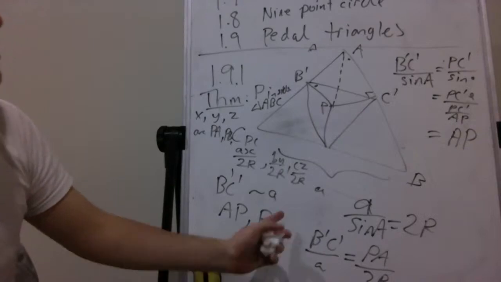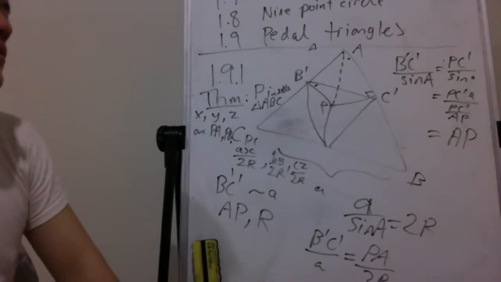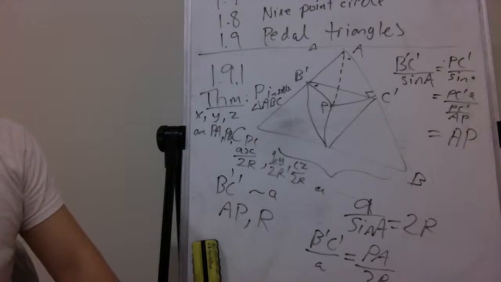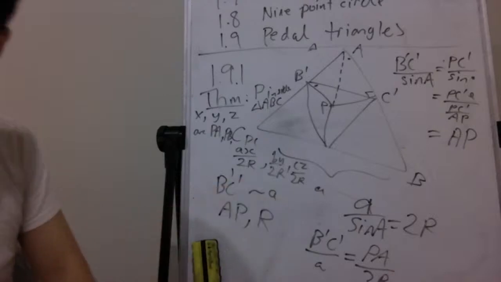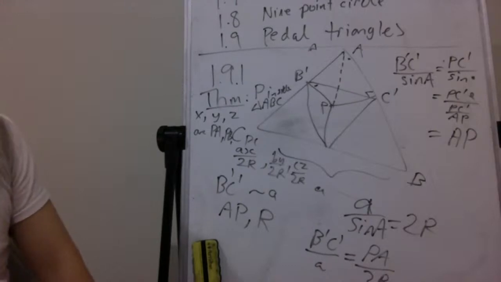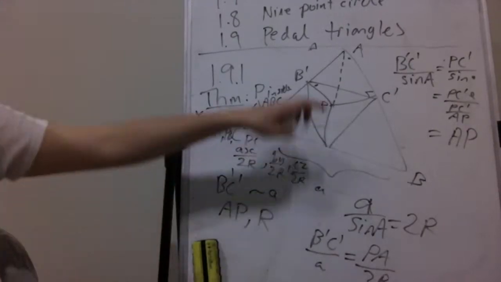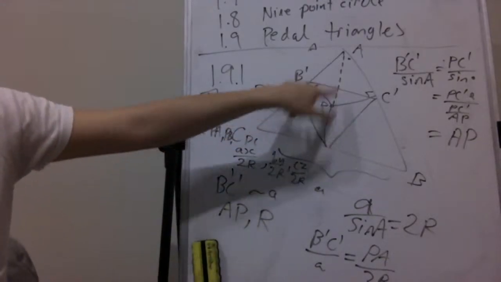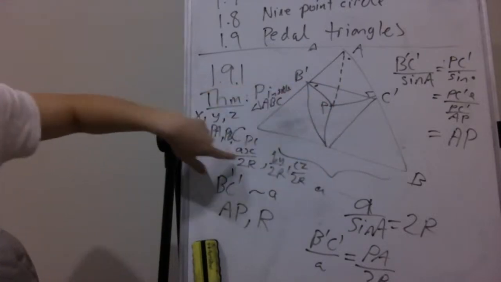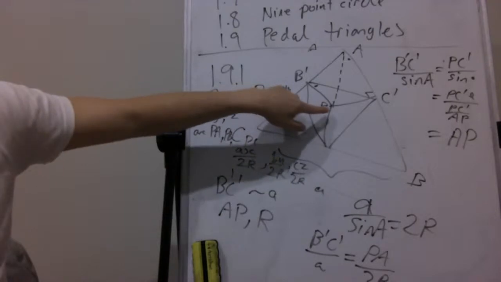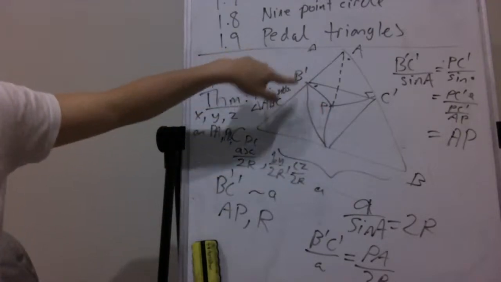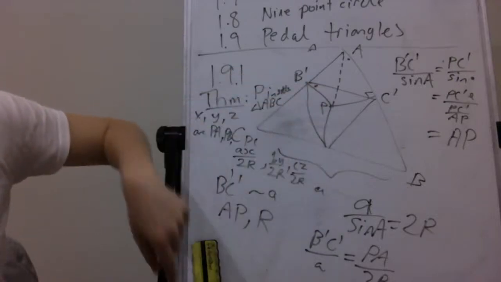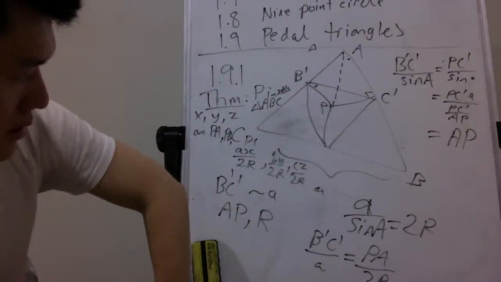I found it strange that there wasn't a mention of this corollary. A corollary just means an easy consequence. Maybe it's just not interesting, but the second pedal triangle's side is going to change to a times X times PB' over 4R.